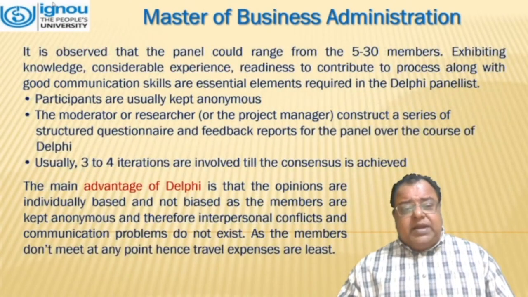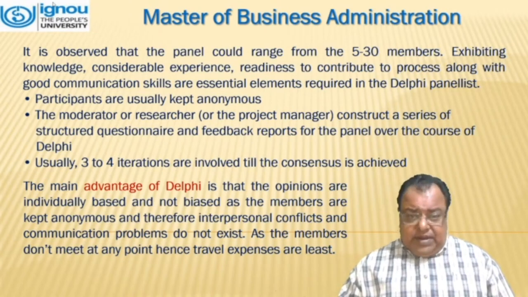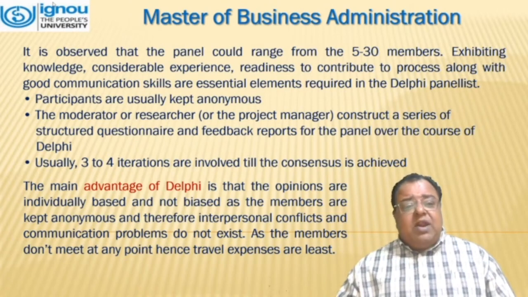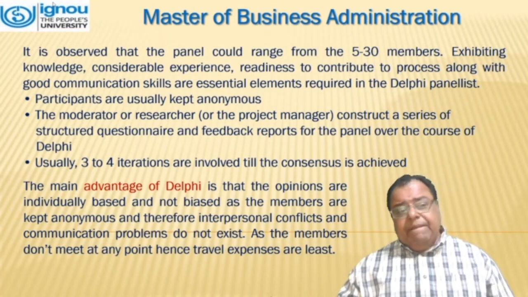It is observed that the panel could range from 5 to 30 members. Knowledge, considerable experience, readiness to contribute to the process along with good communication skills are essential elements required in the Delphi panelist.